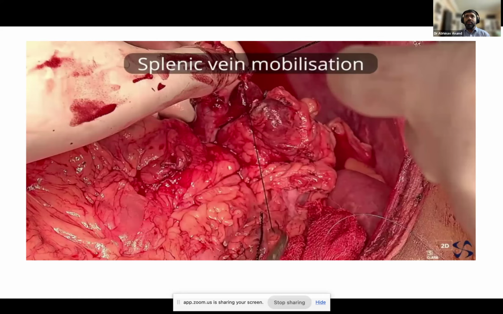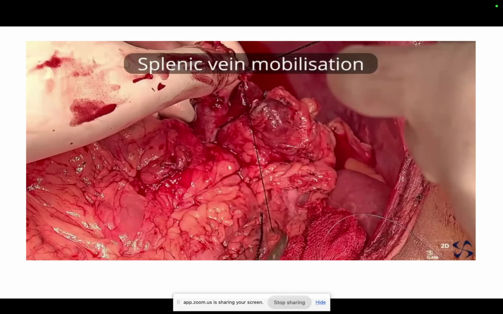Yes, sir. You can lift the pancreas off, and that's what you actually need to do before you get a plane posterior to the splenic vein, which is actually the easiest. Once the pancreas comes up, the posterior surface of the splenic vein becomes visible and you can start your dissection from there, because posteriorly the splenic vein does not have any branches.